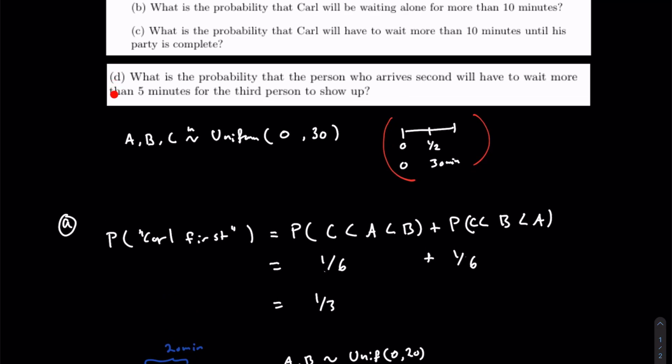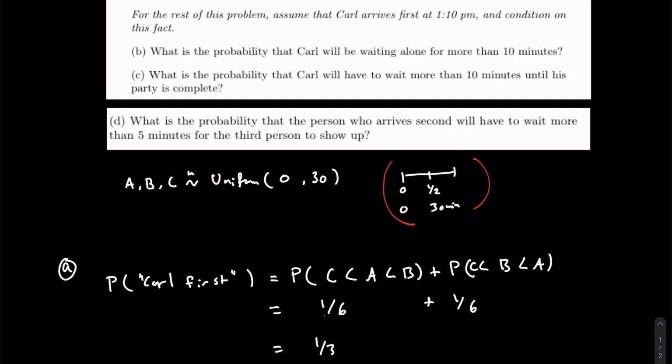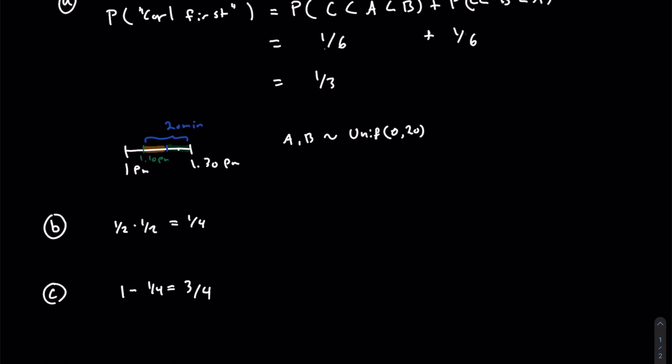And D, we're asked what's the probability that the person who arrives second will have to wait more than 5 minutes for the third person to show up. But now we're assuming that Carl has already arrived. So the second person and the third person refer to Alice and Bob again. This problem reminds us a lot of exercise 1 in this chapter.